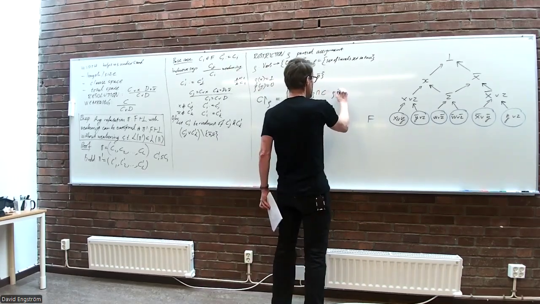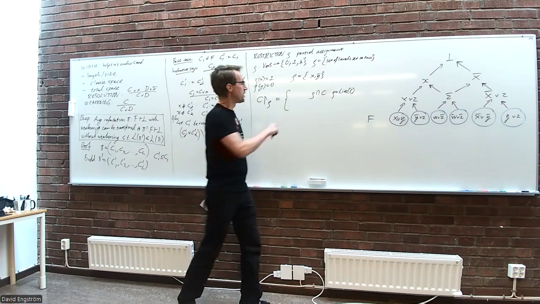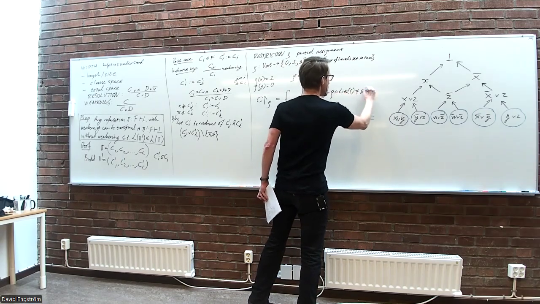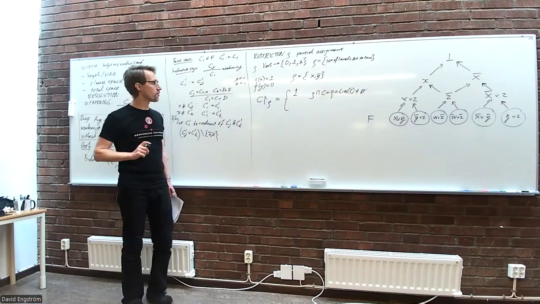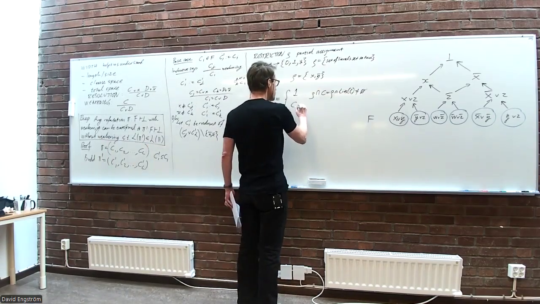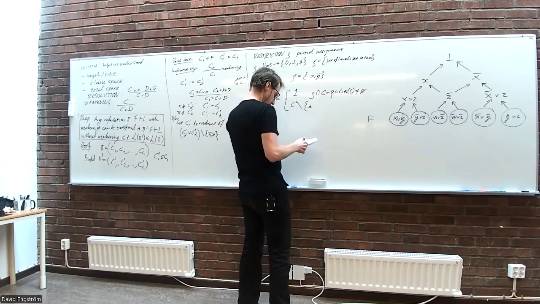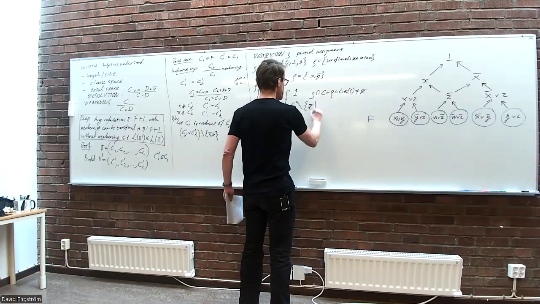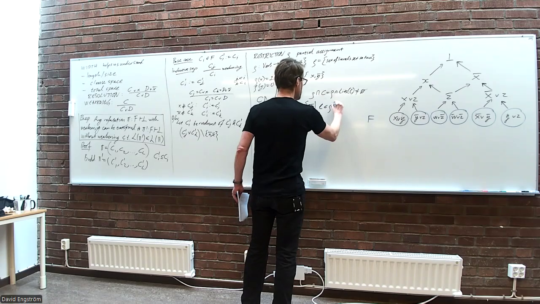Sometimes, just to be extra clear that I'm picking out the literals of C, I might write lits of C. If rho satisfies C, then I just put a placeholder and say this clause is the trivially true clause. Otherwise, what the restriction does is it removes all falsified literals in C, so all literals not L such that L is in rho.